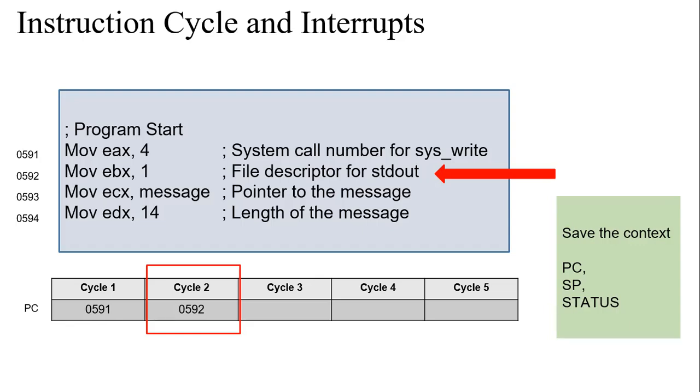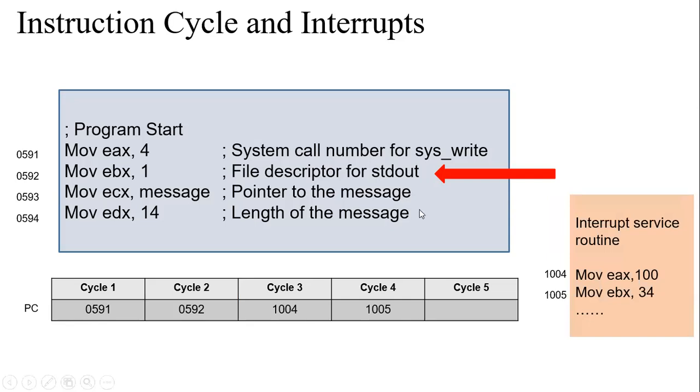But the current program had a different idea of those particular registers. Because of that, not only these registers, but the status register, the stack pointer, and a lot of other important registers, those values have to be saved somewhere before you jump to the interrupt service routine.